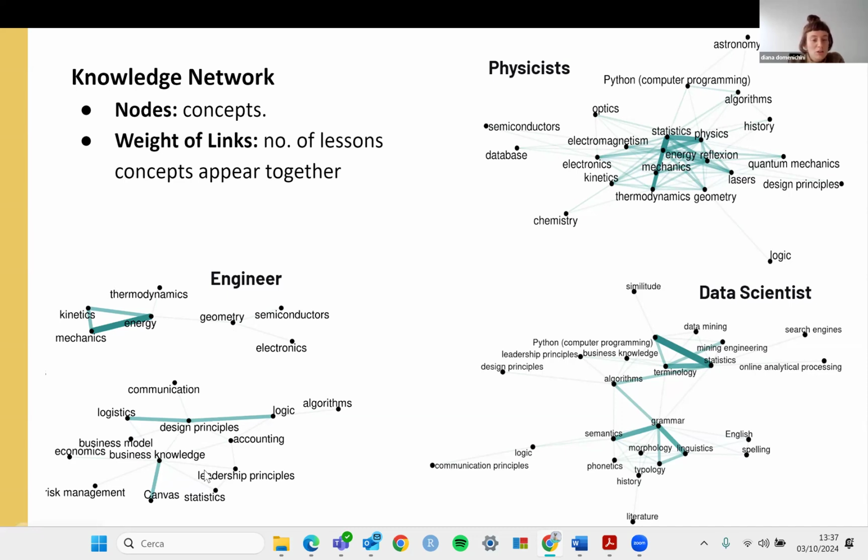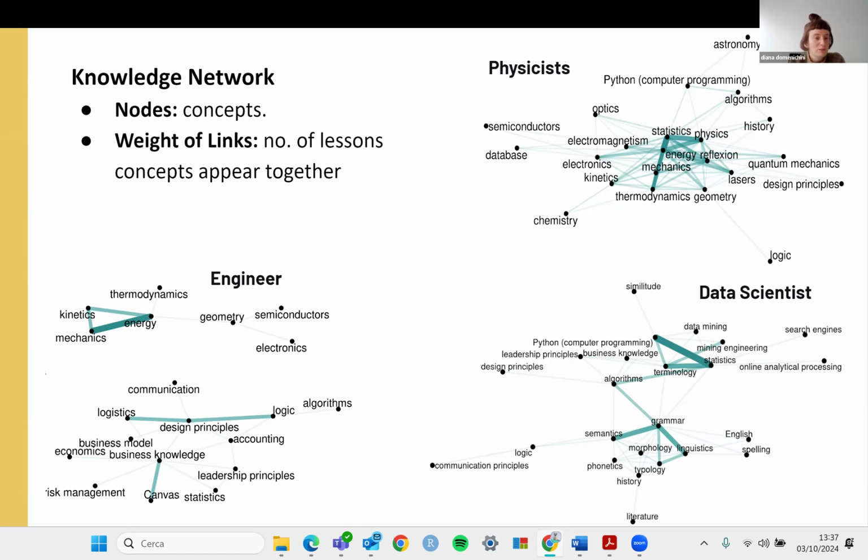But more important, to measure the relevance of the concept, you can use network analysis, which has meaningful metrics to characterize a network.